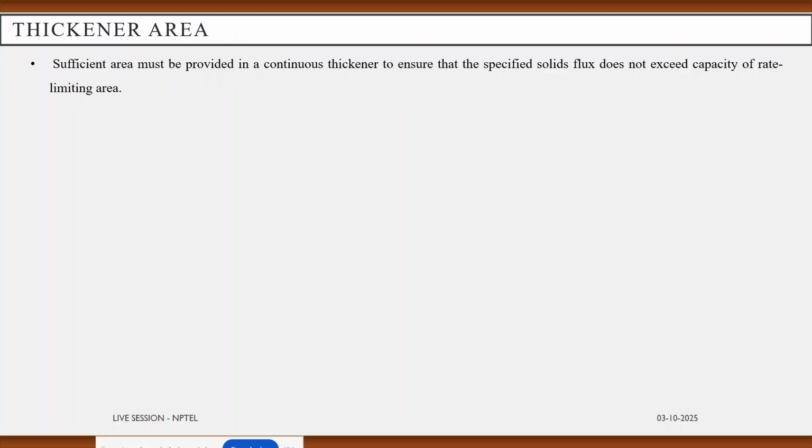Now we have to focus on the thickener area, which is very important, because a sufficient thickener area must be provided in a continuous thickener to ensure that the specified solid's flux does not exceed the capacity of the rate limiting area.